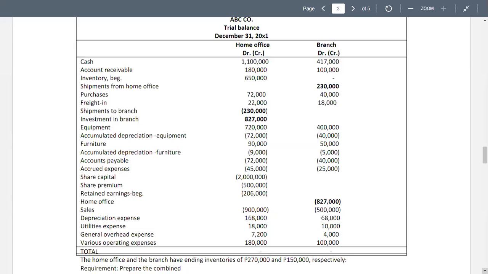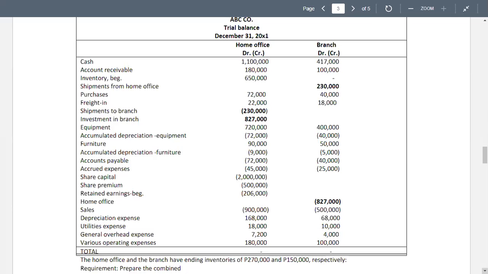You cannot make the debit credit equality here because credit is inside the parentheses, so you need not determine the total. Okay, second column for the branch. So again, you just copy all of this in the second column of the working paper.